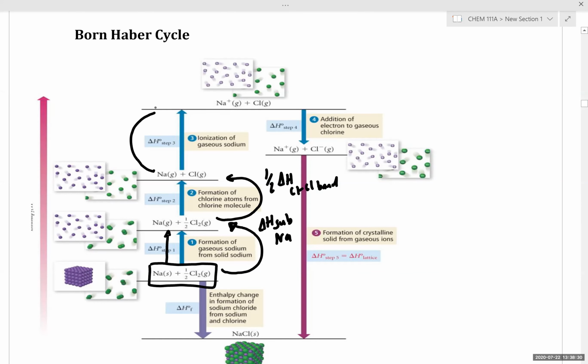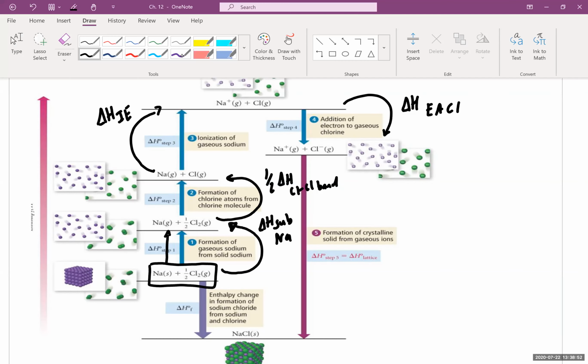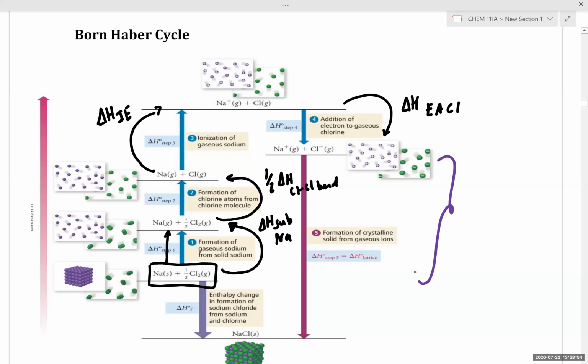Then we ionize our sodium to sodium plus. This is the enthalpy of ionization energy. Then we ionize our chlorine. This is the delta H of electron affinity. And then finally, this super exothermic step is our lattice enthalpy. This is delta H lattice.